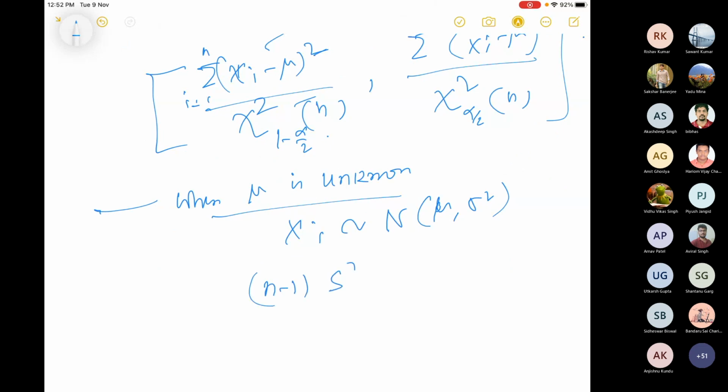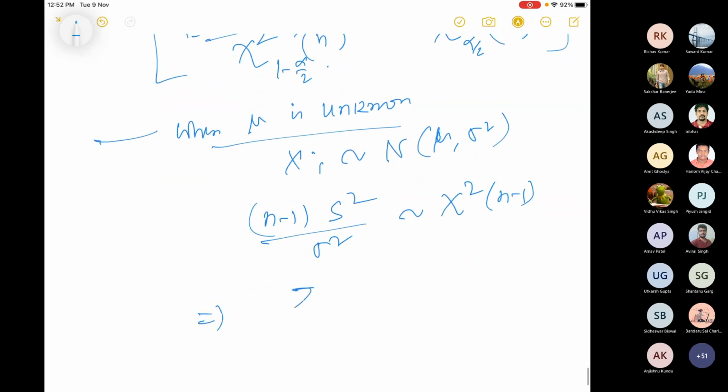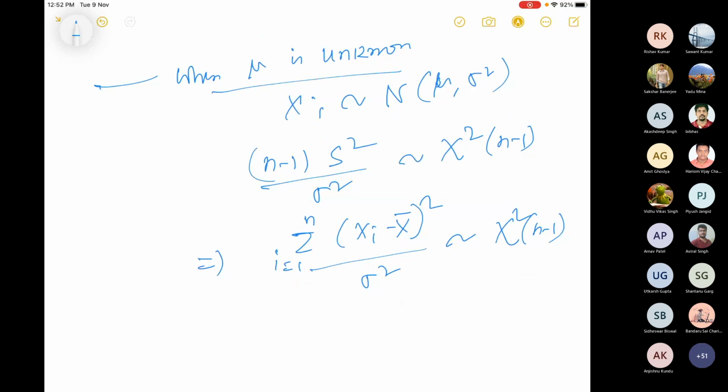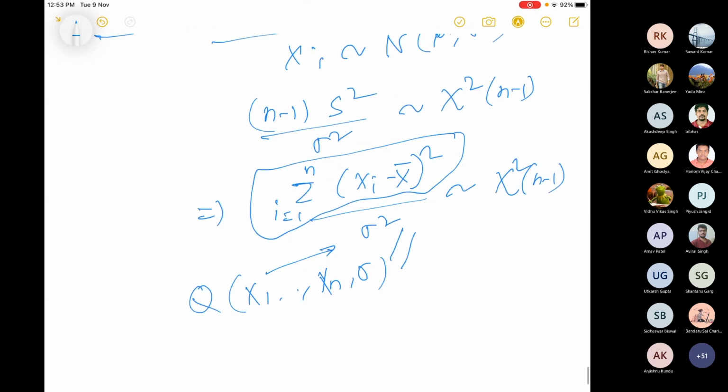From our previous theorem, the sum over i equal to 1 to n of (xi minus x bar) square by sigma square is chi square n minus 1. Everything is known in this term, and this entire function of x1, x2, ..., xn and sigma is a pivotal quantity because its PDF is independent of sigma.